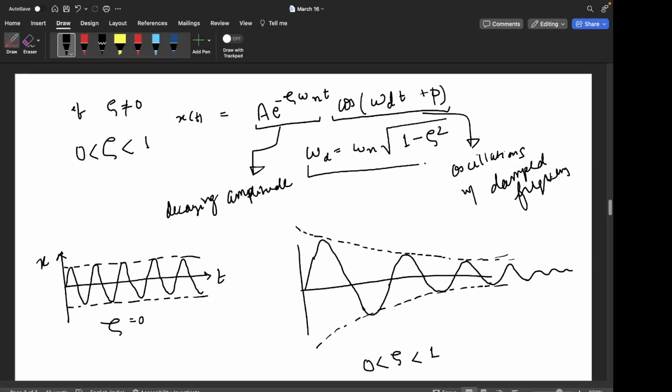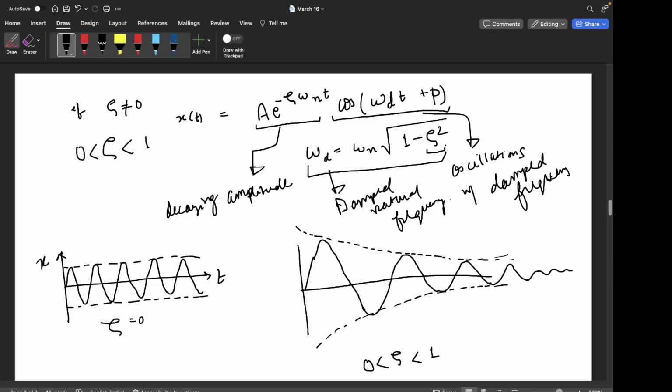And this is called the damped natural frequency. As xi is between 0 and 1 in this case, 1 minus xi squared will of course be less than 1.